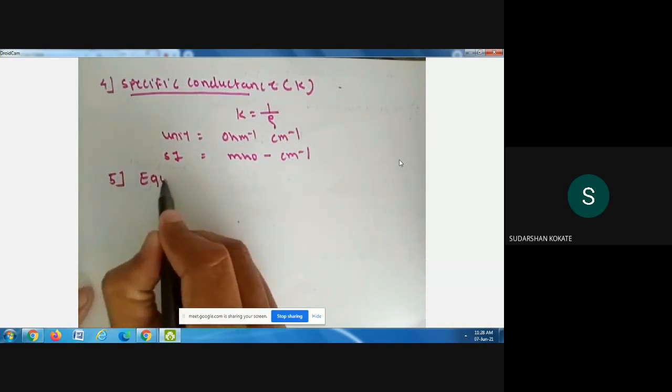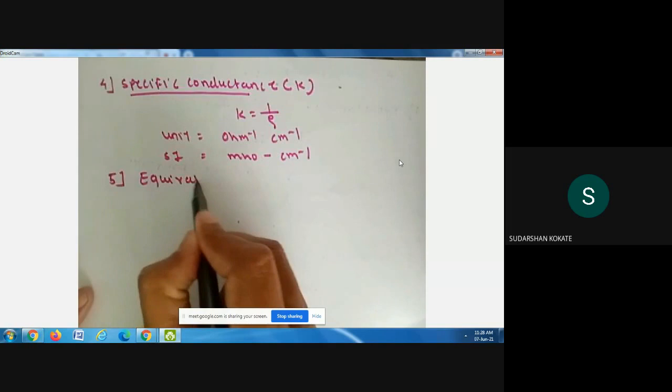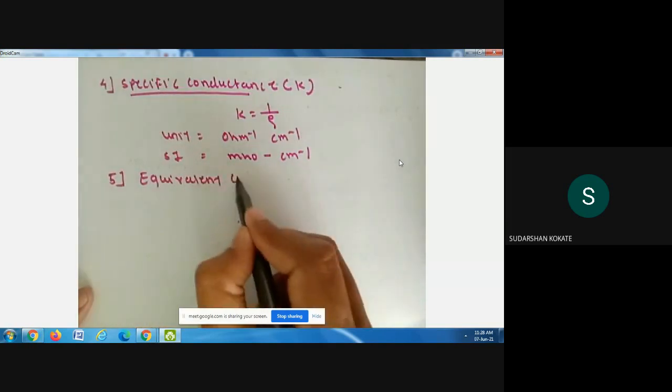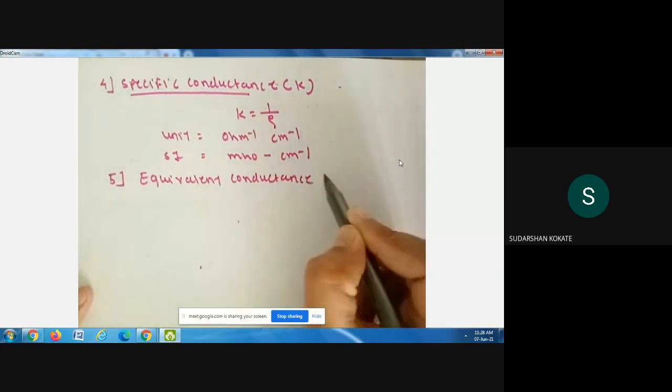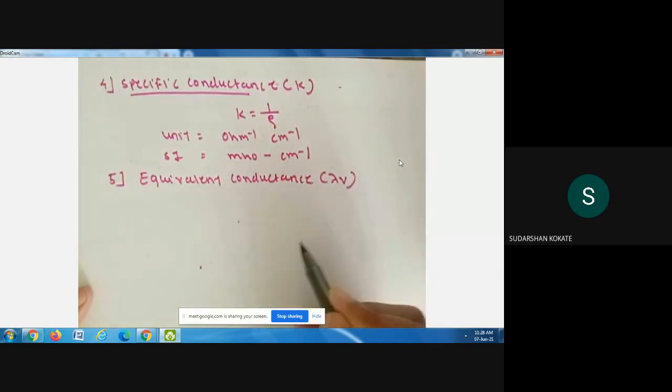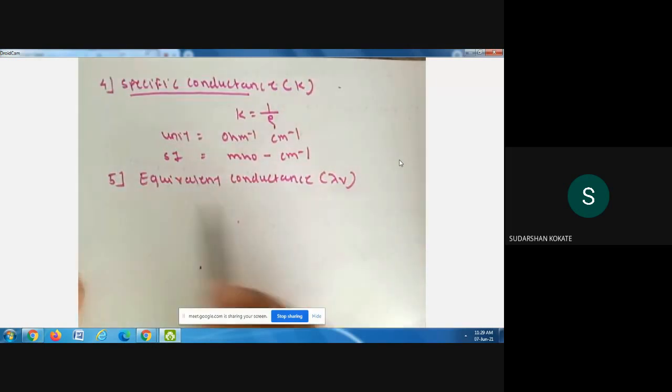Then the next important term, the fifth one, is equivalent conductance. Equivalent conductance is denoted by lambda v, right? It is the conductance of a solution containing 1 gram equivalent of electrolyte, when placed between two large electrodes 1 centimeter apart.